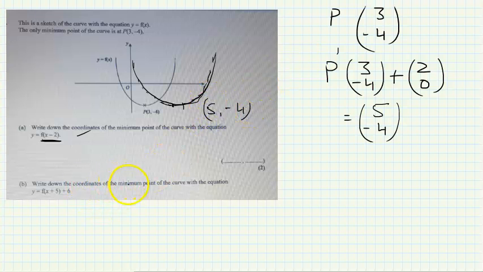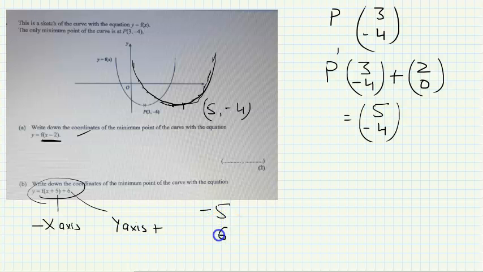Now write down the coordinate of the minimum point of the curve, this. Now this is going to affect the x-axis but negative, and this one is the y-axis positive. So actually this transformation can be written as minus 5 and 6. Change the sign of this, don't change the sign of this one.